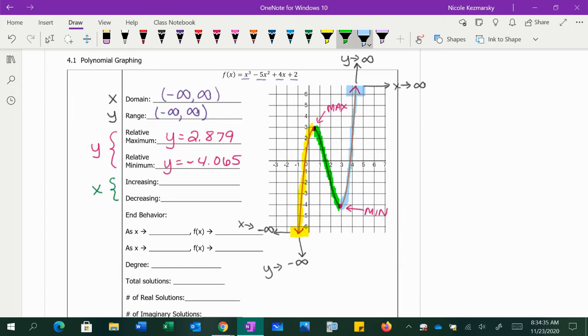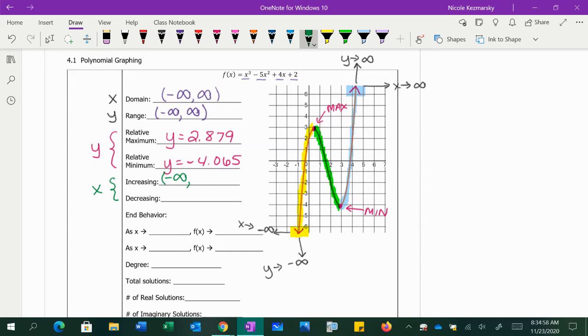So for increasing and decreasing, we're going to go ahead and start labeling this. So we started the graph at the arrow and we went up. We went uphill, so we were increasing. For increasing, I'm going to use negative infinity because the x starts at negative infinity.